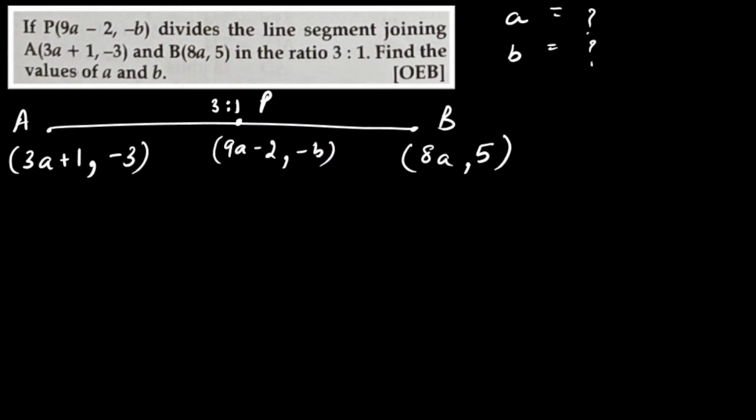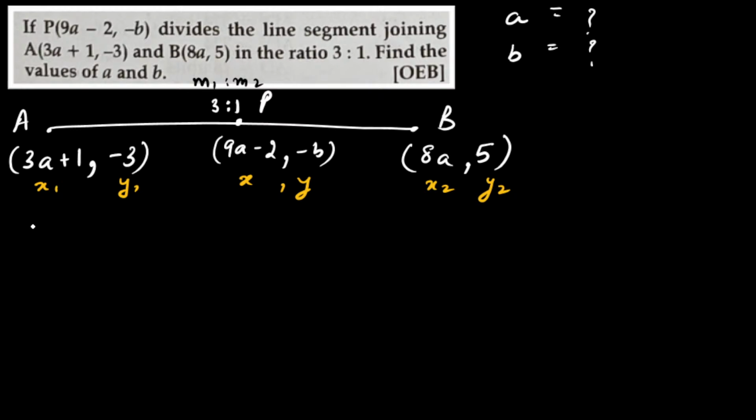So again, we have to use the section formula. Let's write it first. This is x1, this is y1, this is x, this is y, this is x2, y2, and this is the ratio, I'll write as m1 is to m2.